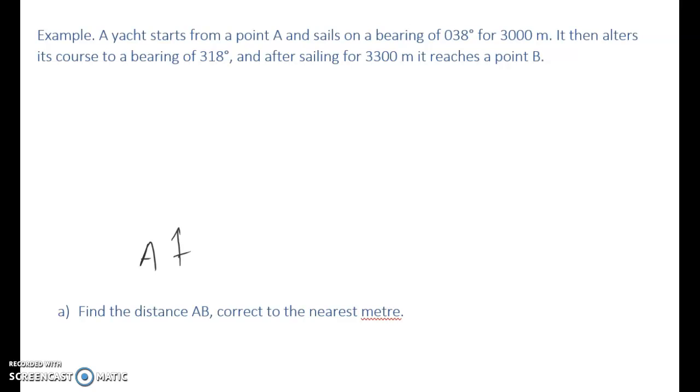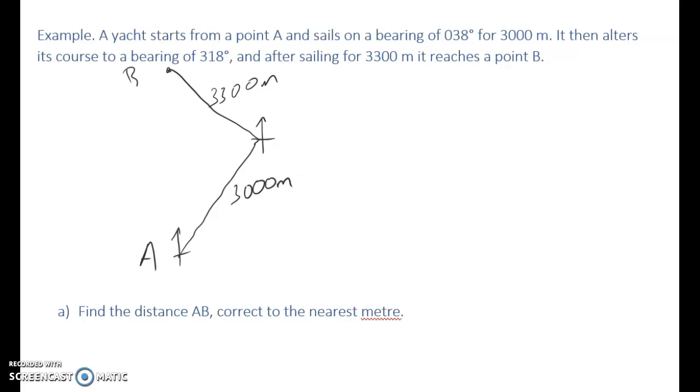That's directly north. I'm going to say 38 degrees is about that way. And that's 3,000 meters. Then we draw ourselves another little bearing thing with directly north, and we think, what way is 318 degrees? And it's roughly this direction. And we go that for 3,300 meters.